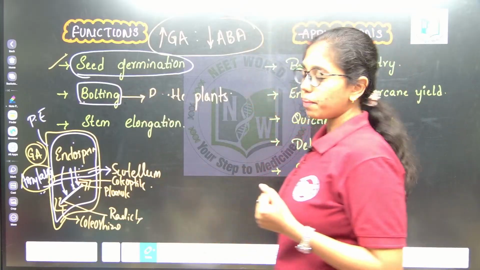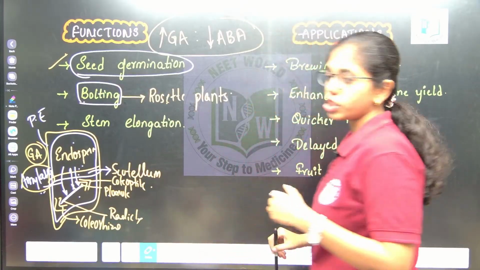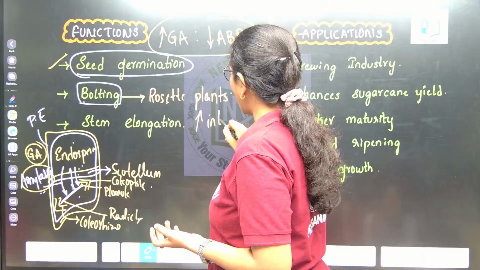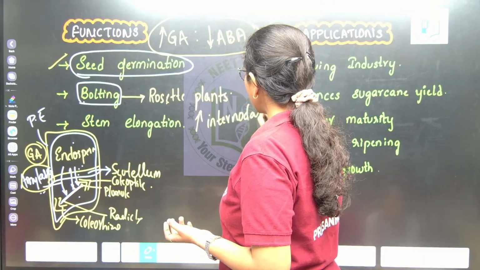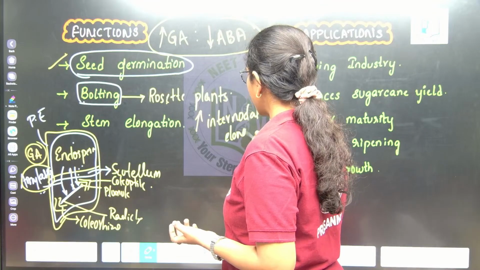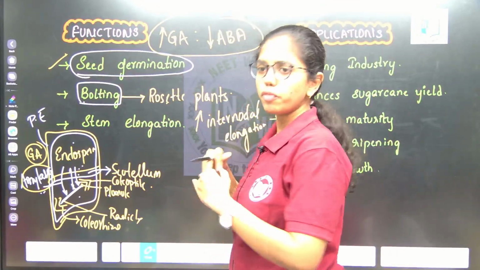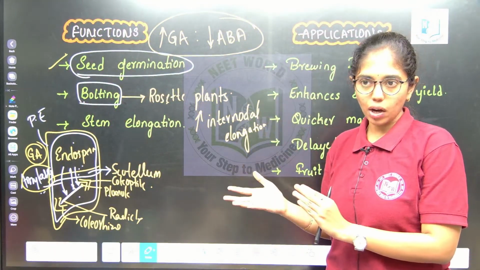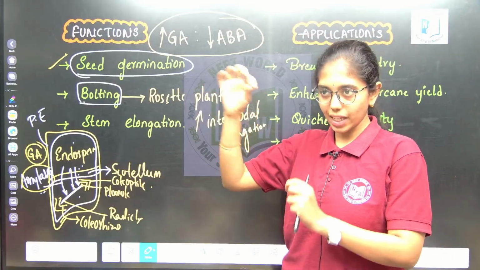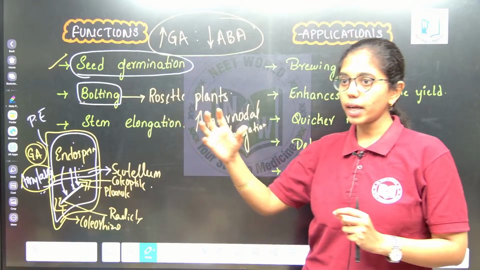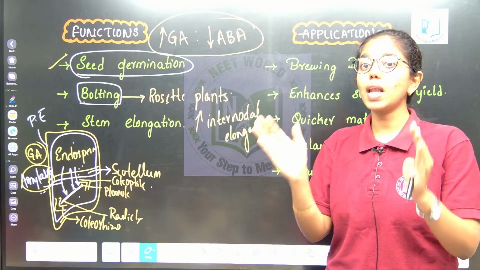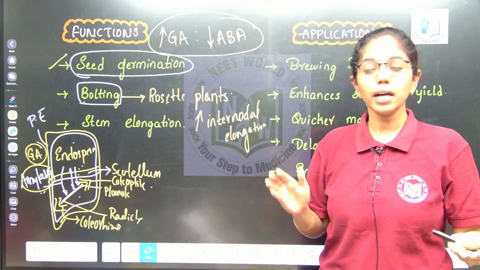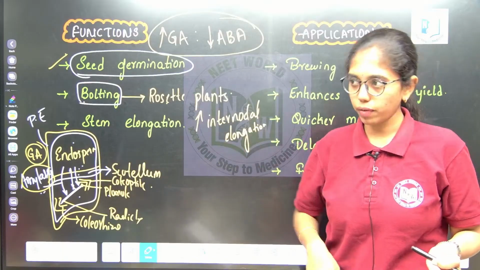In these plants, just prior to flowering, just before they enter the reproductive phase, gibberellic acids will increase internodal elongation. When the internodes get elongated, definitely the stems will be elongated. The floral primordia will later produce large flowers and fruits. That is the reason behind the increase in internodal elongation prior to flowering.